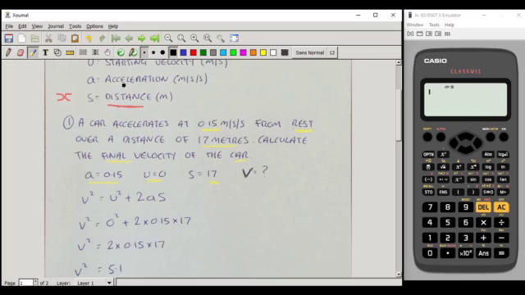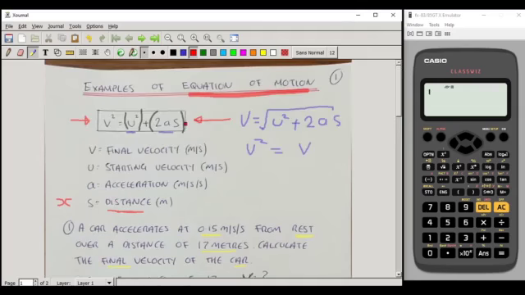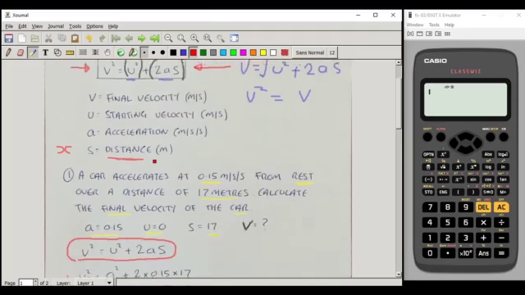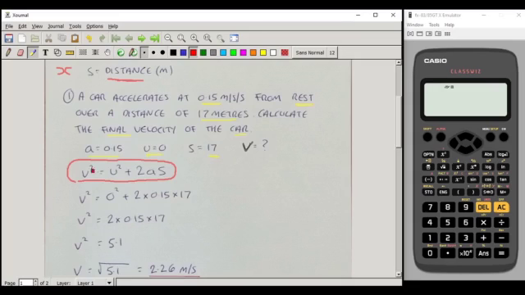So we can use the formula V squared equals U squared plus 2AS, okay? We don't need time, because there's no time in this one. The other formula we've used had time, but this one has no time. They're all in the same units, meters per second and meters.